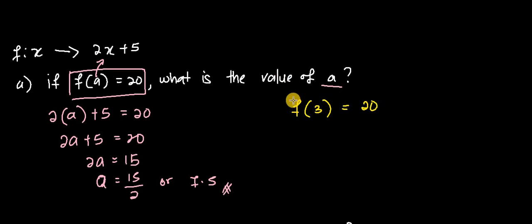Okay, maybe this is not actually the question, sorry. Alright, so just come back to this. If f of a equals 20, that means whenever you substitute a inside this equation, you will get your answer to be 20.